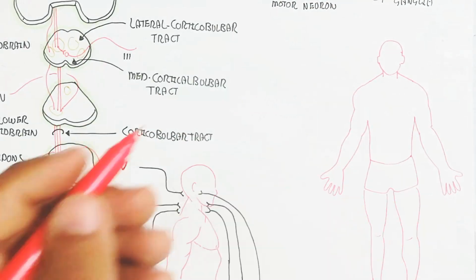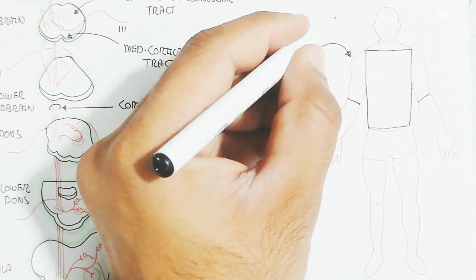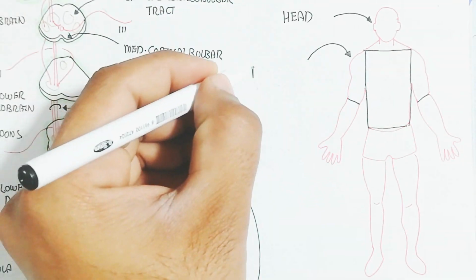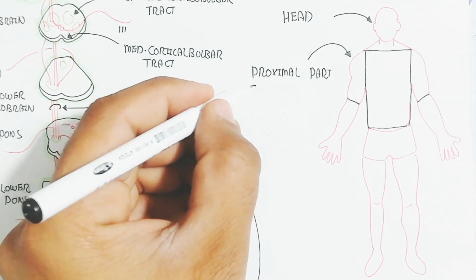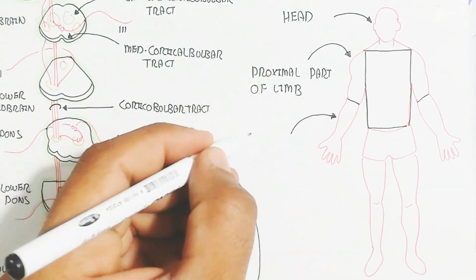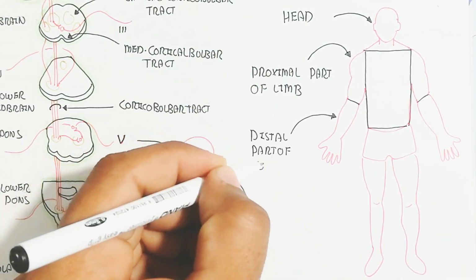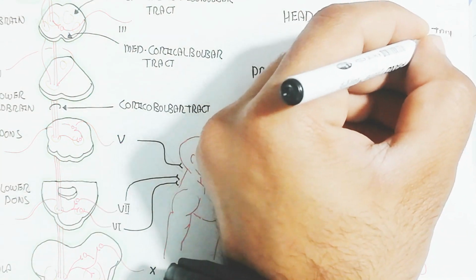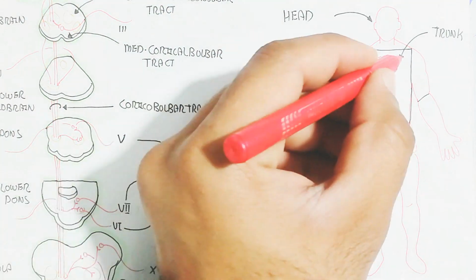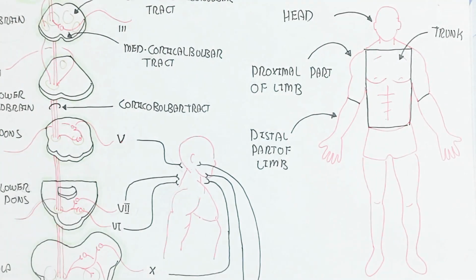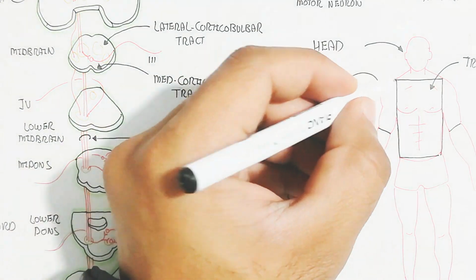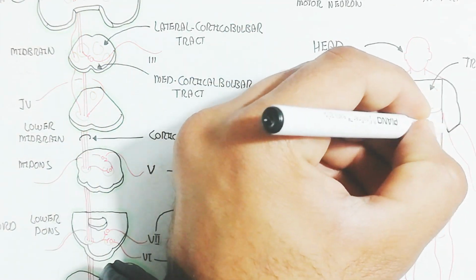Anyhow, we have discussed the anterior corticospinal tract and lateral corticospinal tract, and the corticobulbar pathway controls the head region. Basically the head and proximal part of the limb are involved, and the trunk region and the distal part of the limb.